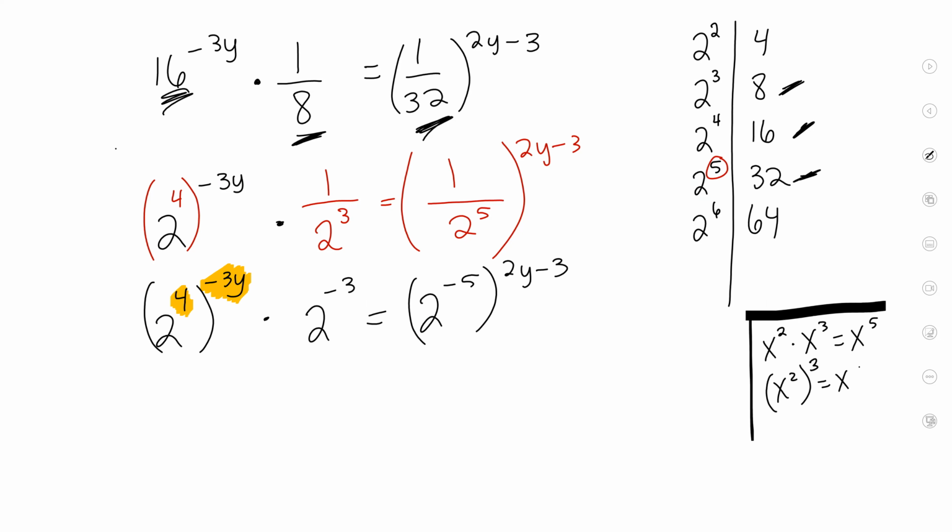This is x to the 6, okay? So exponent to exponent, we multiply. So this will become 2 to the negative 12y. We multiply those two. This can stay the same, 2 to the negative 3. We multiplied these two. 4 times negative 3 is negative 12, and then you have a y there. I brought that next one down. This one, my base is 2. Negative 5 times 2y is negative 10y. Negative 5 times negative 3 is a positive 15.